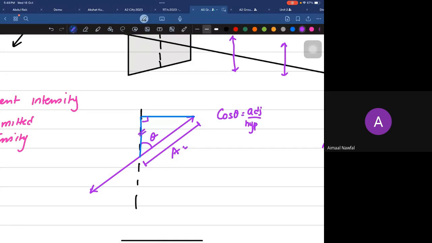So the adjacent will be A, the hypotenuse, times cosine of theta. Is it clear now? The transmission axis will only allow this part of the wave to go. It will just cancel out this one. Do you get it?